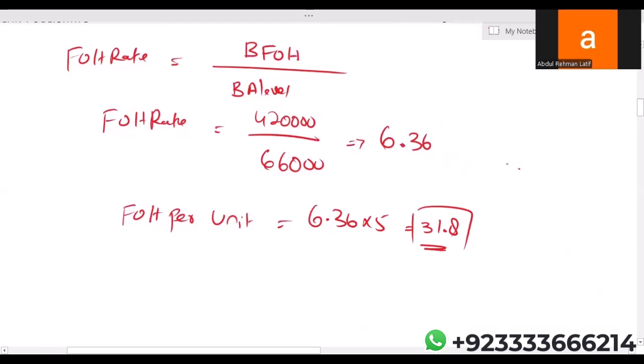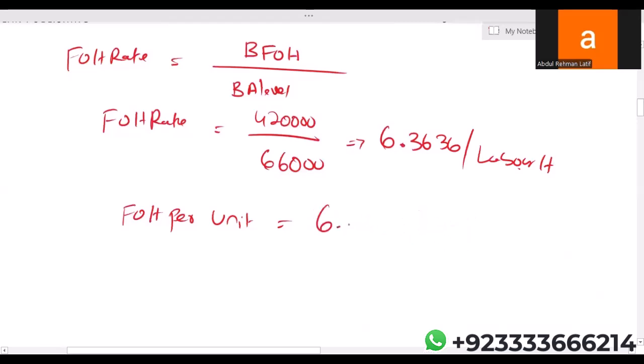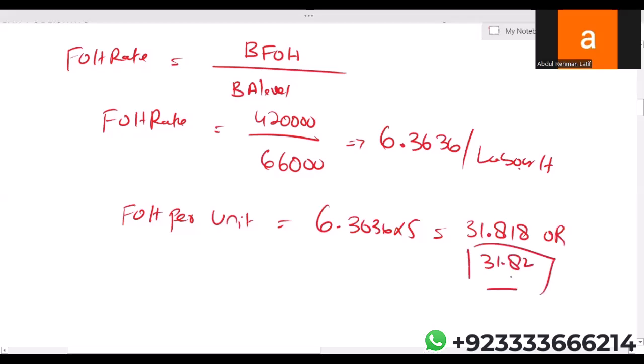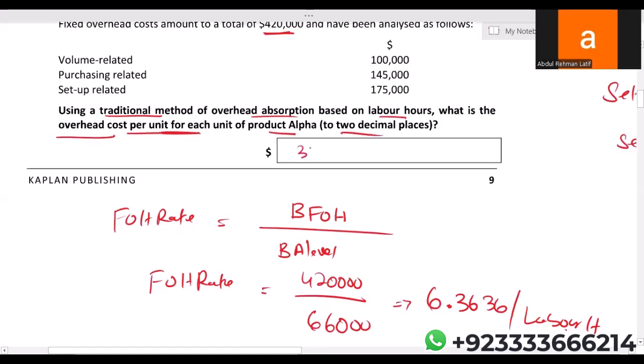So this is 6.3636 per labor hour. Now 6.3636 into 5, so we are getting 31.818. Since they're asking for 2 decimals, with a little bit of rounding off, it is 31.82.